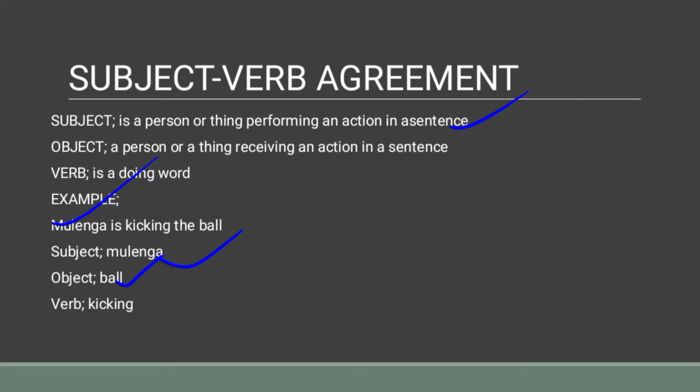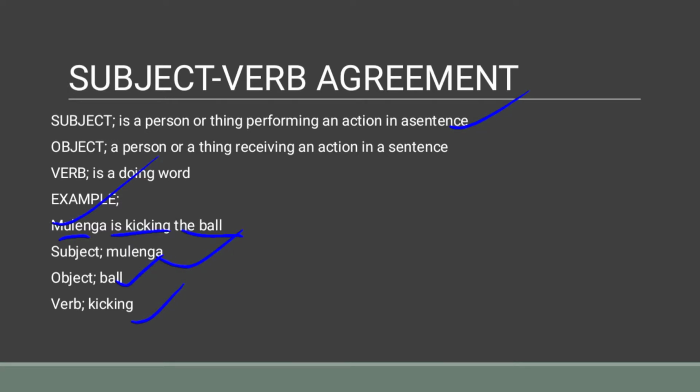Now, the action being performed by Mulenga is what? Kicking. Hence, kicking is a verb, a doing word. This is the normal word order: subject, verb, object.